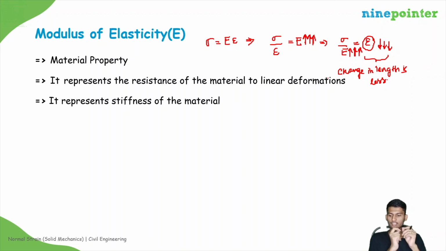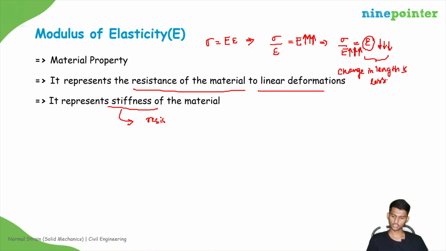So that is the reason we said that modulus of elasticity represents the resistance of the material to linear deformations. In similar lines, it is the stiffness of the material. Stiffness means the same, resistance to deformation. Okay. We have one more term, strength.